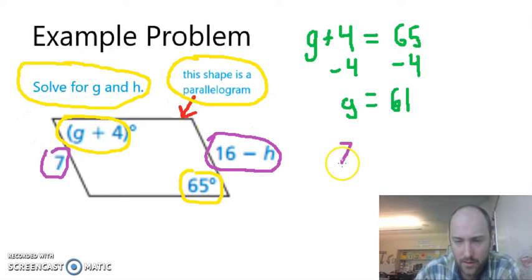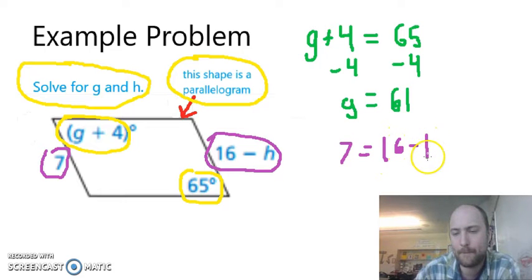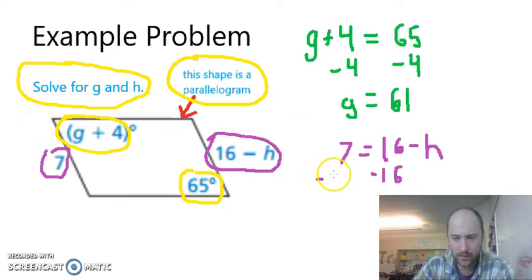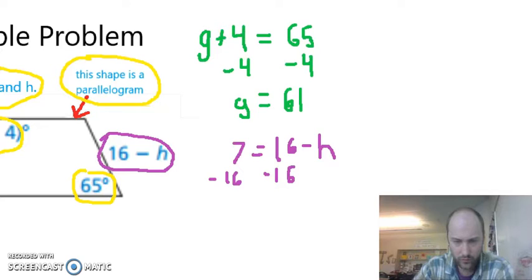So 7 must be equal to 16 minus h. I'll work on my computer handwriting still, it's not the prettiest. And again, simple algebra, subtract 16 from both sides. Let's see if I can give myself some more room here.